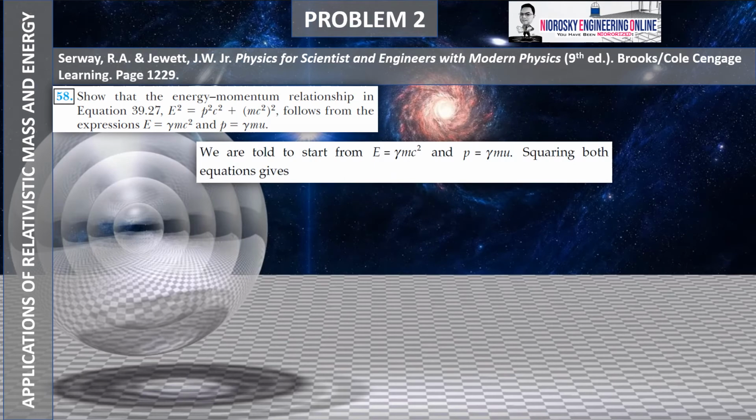So under the concept of total energy, total energy is equal to gamma mc squared, because the concept of rest energy E equal to mc squared is only applicable to a stationary particle. But if it is moving, there is a summation of energies.